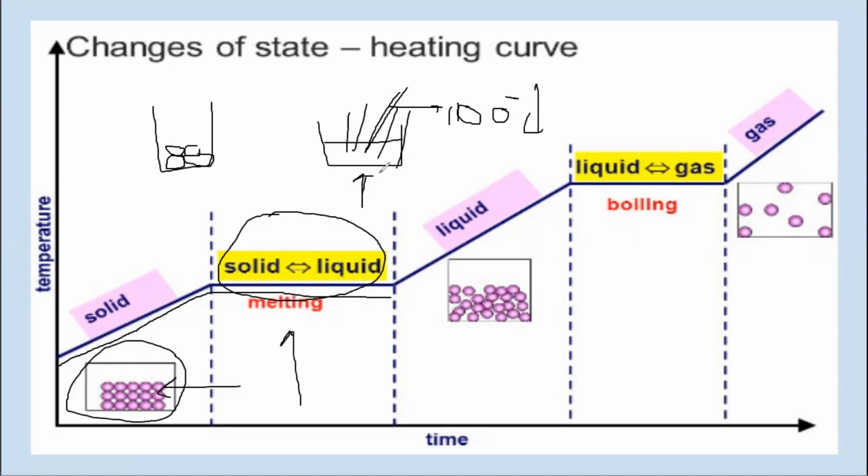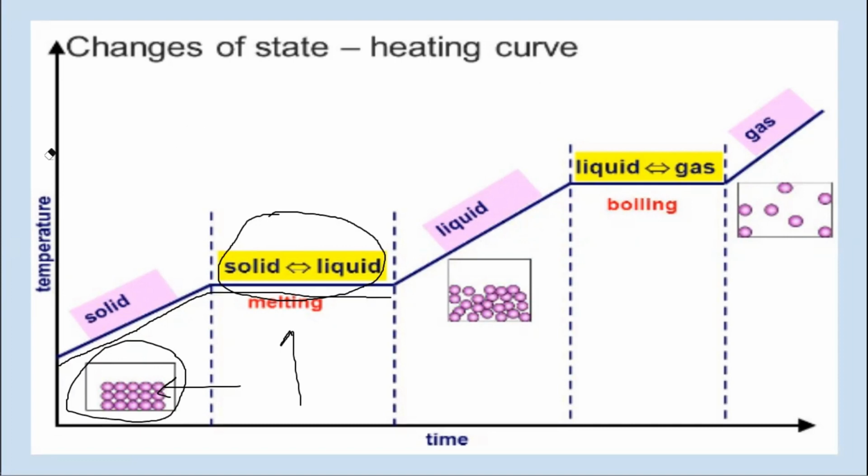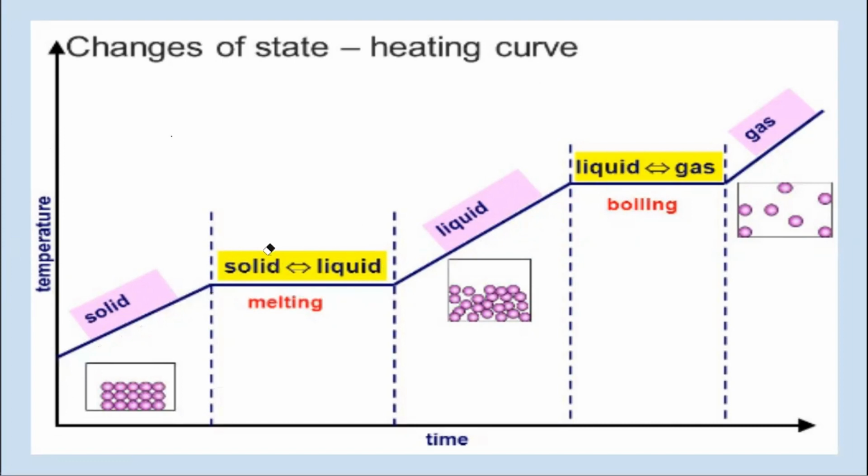No matter if you boil the water for the whole day and whole night, there is no rise in temperature. It is fixed at 100 degrees Celsius. So where is the heat going? The heat is absorbed by the particles and utilized in the change of state from liquid to gas. Once the entire liquid is converted into gas, then the temperature will rise.